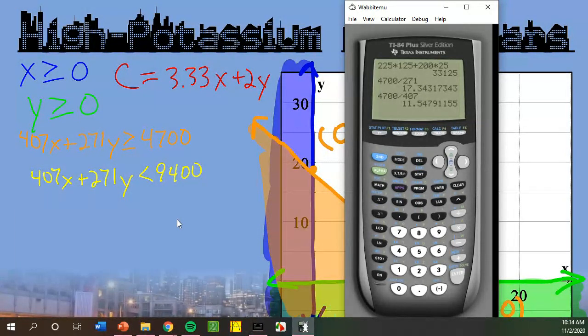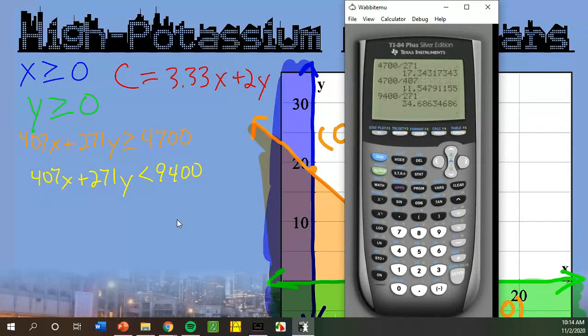All right. So now we're going to do the same thing with our yellow equation here. And I'm going to plug in 0 for x to get my y-intercept. So I do 9,400 divided by 271.